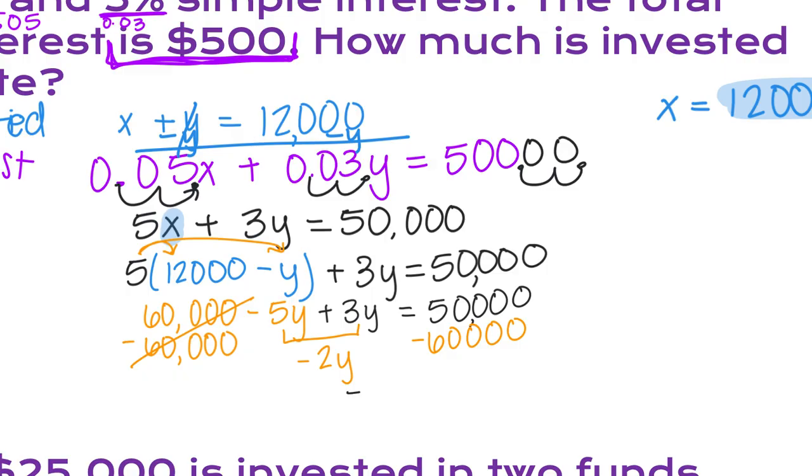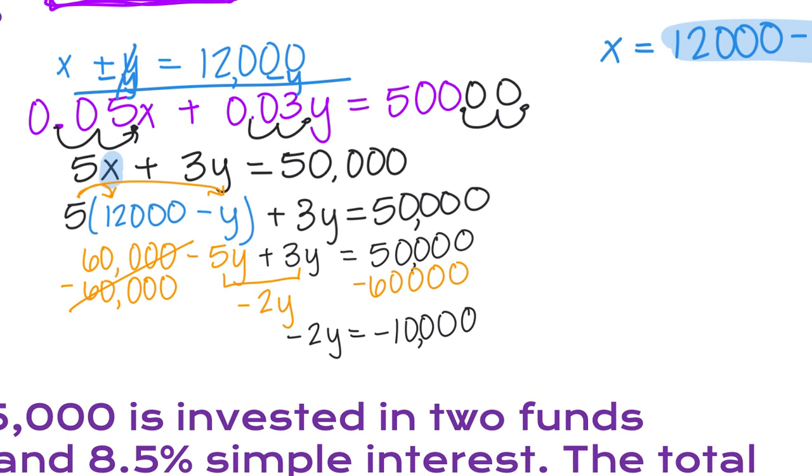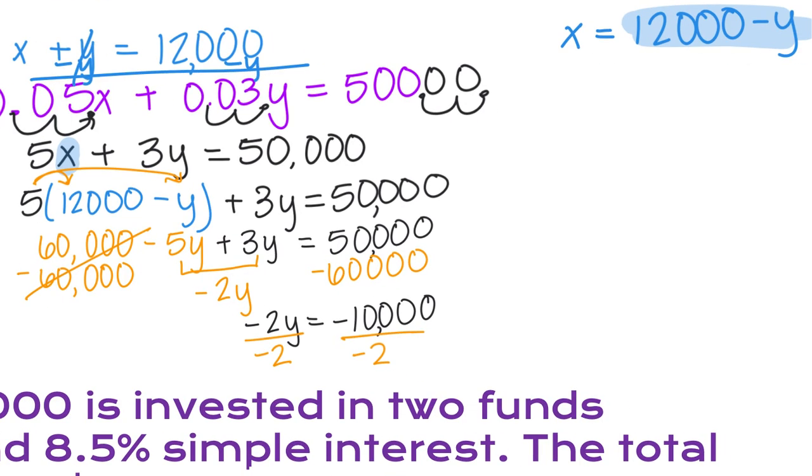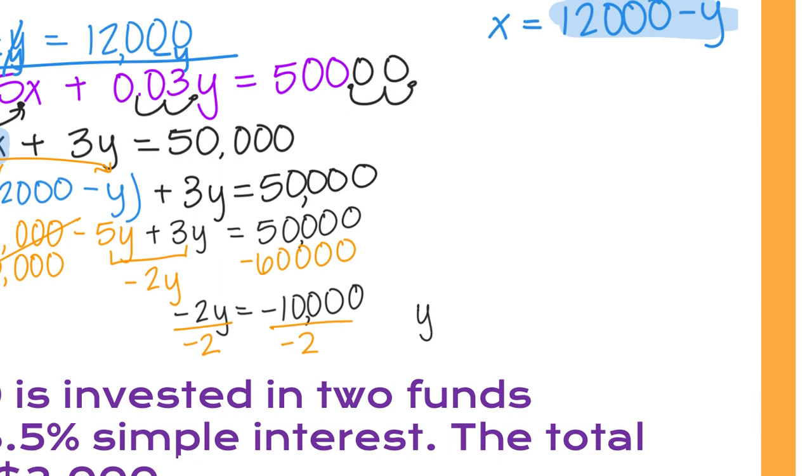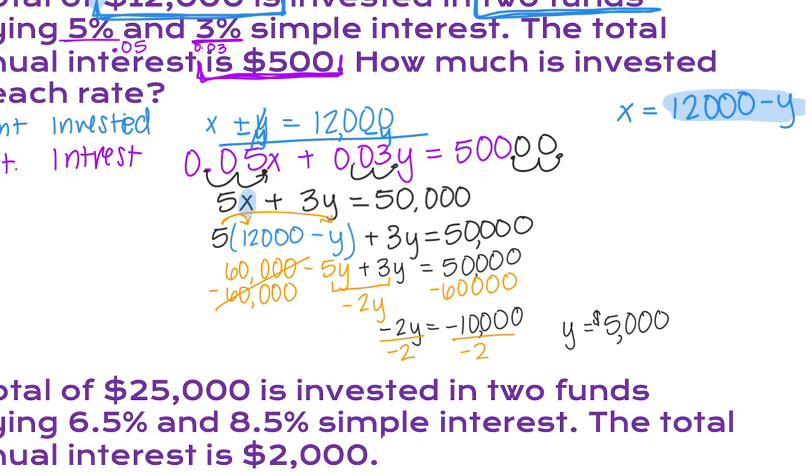I'm going to end up with negative 2y equals negative 10,000. And then the last step is to divide both sides by negative 2. And I'm going to end up with y equaling $5,000. Okay, so that's for one of my rates. That's for y. That's what I invested for y.